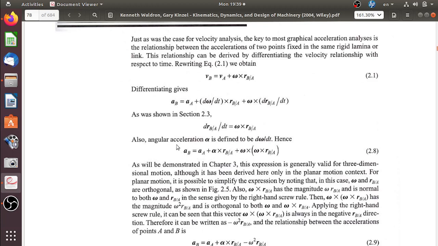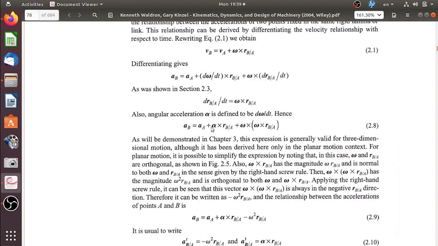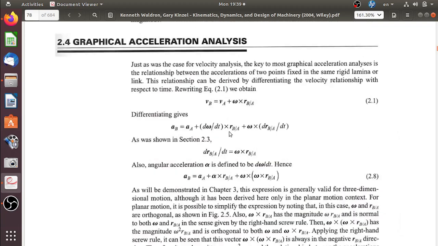So this is the final form, and it would be nice to know the direction of these terms. First let's see the direction of this term, alpha cross RB/A. This is very similar to omega cross RB/A.